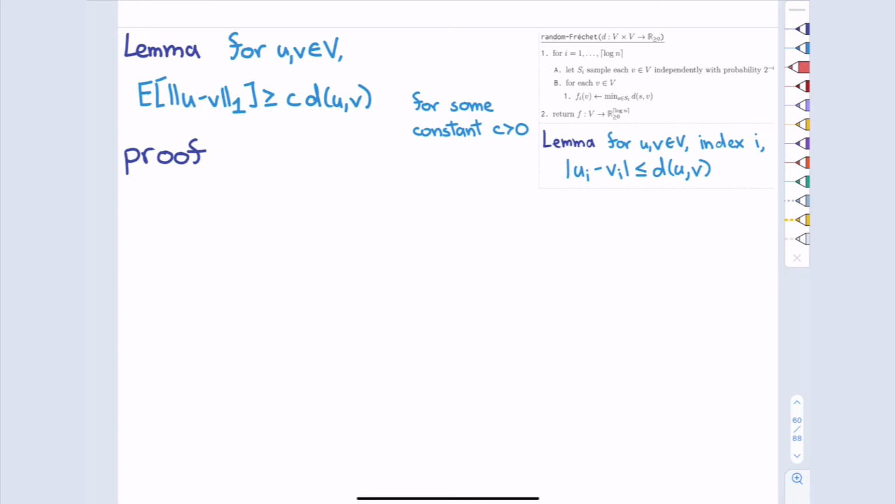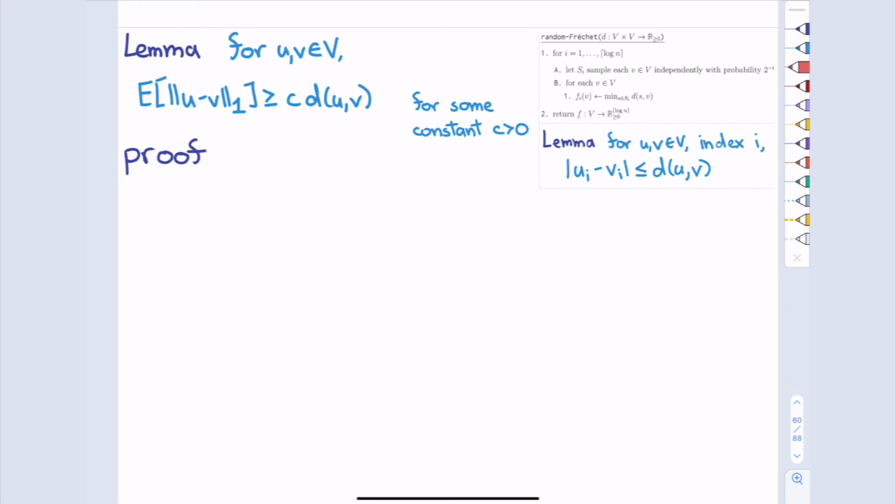Okay, let's do the opposite side. So on the opposite side, we don't get the deterministic one. Before, that was just one coordinate at a time, showing that it was dominated from above. Here I'm looking at the sum now, when I say the u minus v L1 norm, and we're going to show that the expected value is at least some constant times the distance.